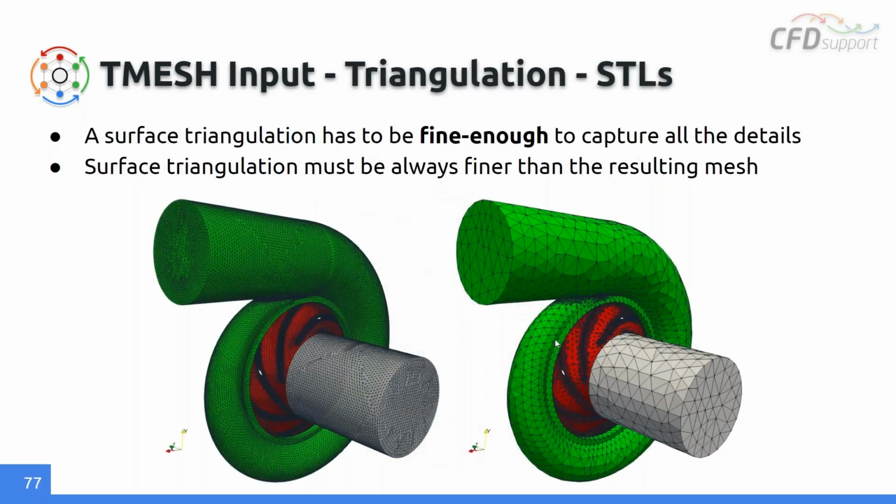And the last part: because STL generation requires discretization first, the discretization has to be fine enough to properly describe the original smooth geometry. This is also an important part.